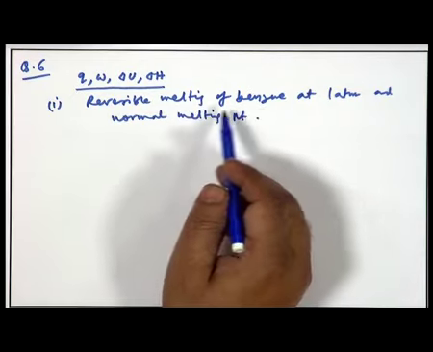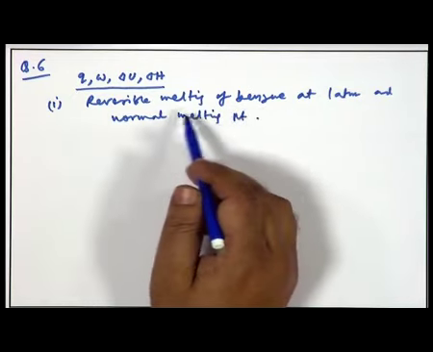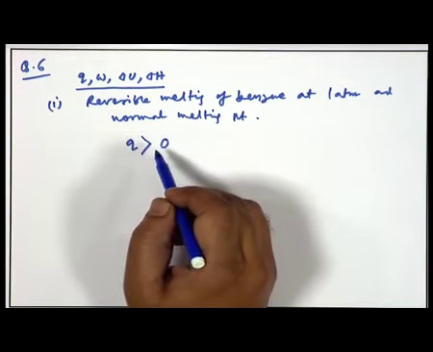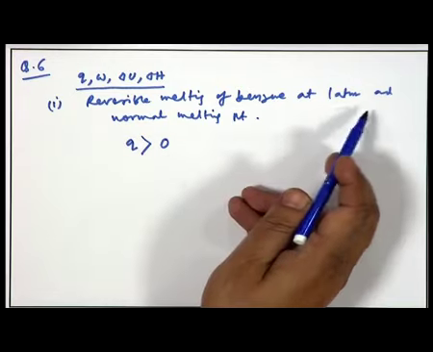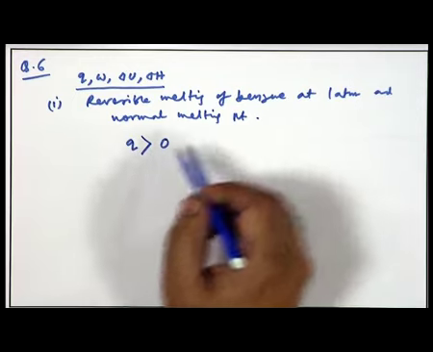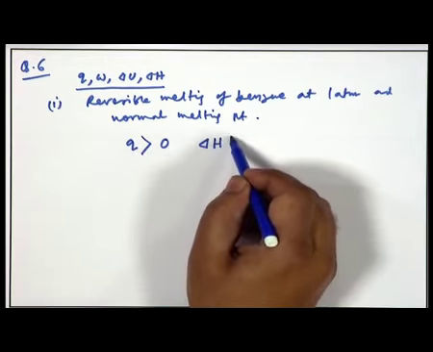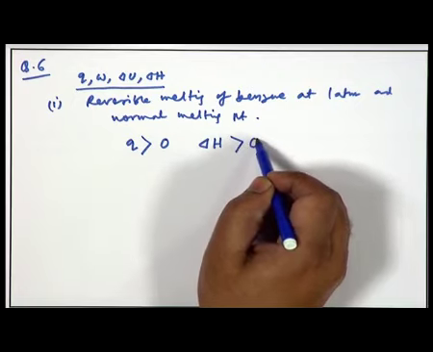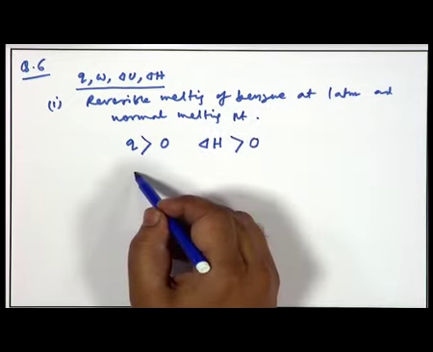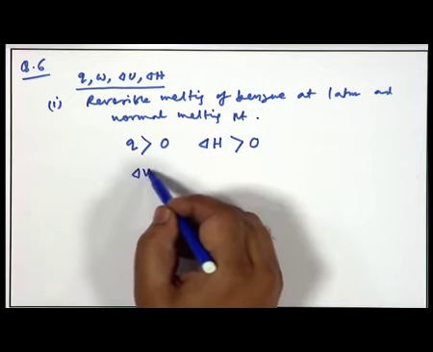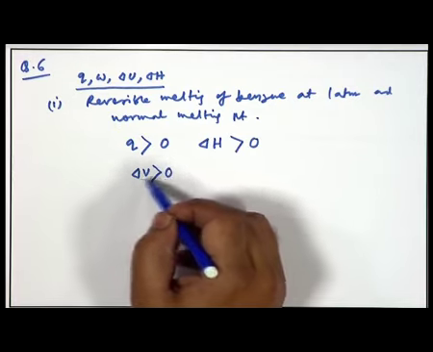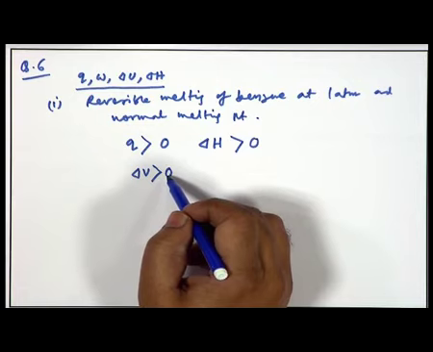The melting process requires heat into the system, so q must be greater than 0. This is a constant pressure process at 1 atmospheric pressure, so q is qp, which is equal to del H, so del H is greater than 0. Now, in this case on melting volume increases, so del V is positive, even though very small, it expands.